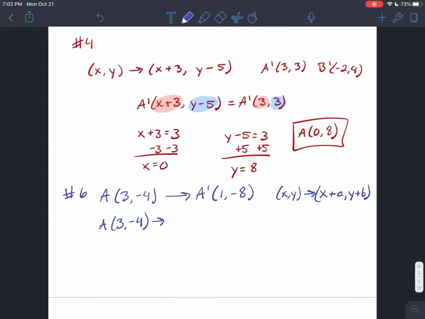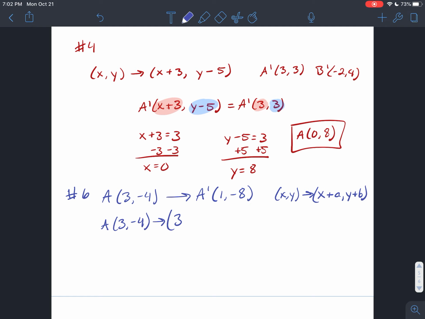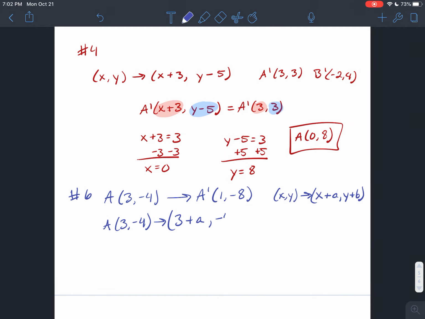Maps to 3 plus a, negative 4 plus b, which will give you 1, negative 8. So again, x goes with x, y goes with y. So 3 plus a equals 1, negative 4 plus b equals negative 8.